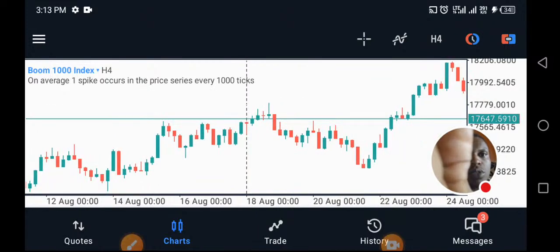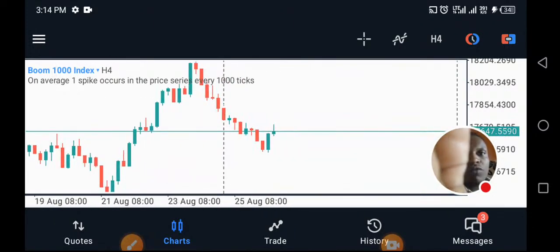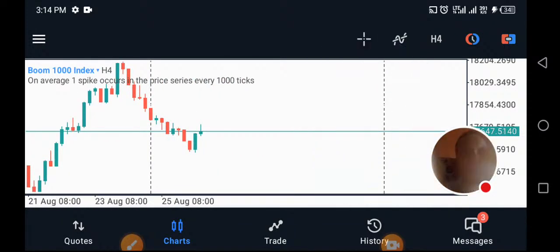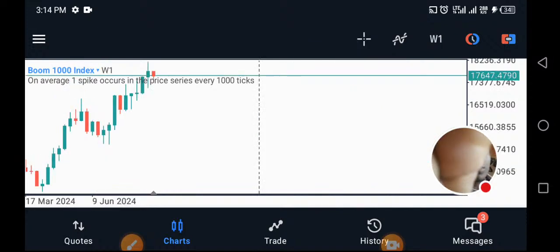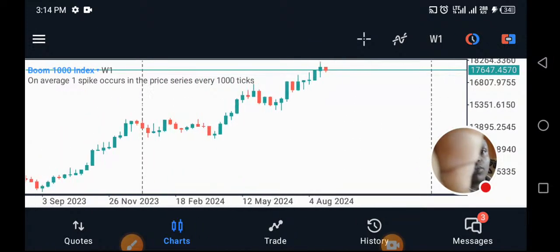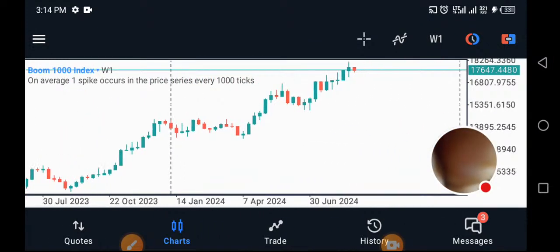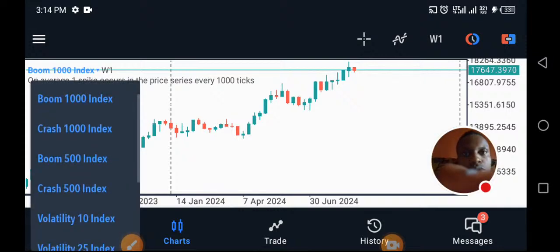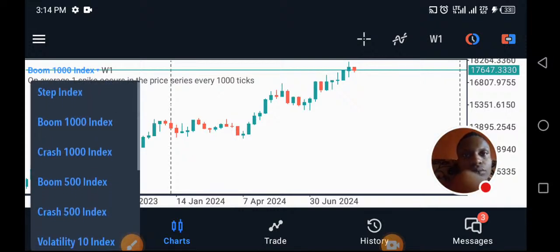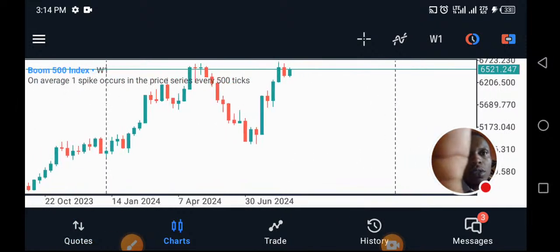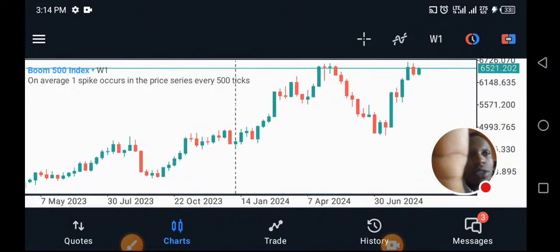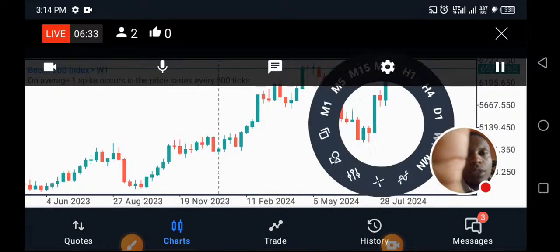So order blocks, they are really a powerful place for us to pick our entry. Okay, so let's make use of the boom and crash.